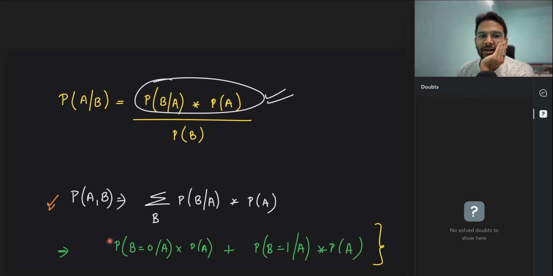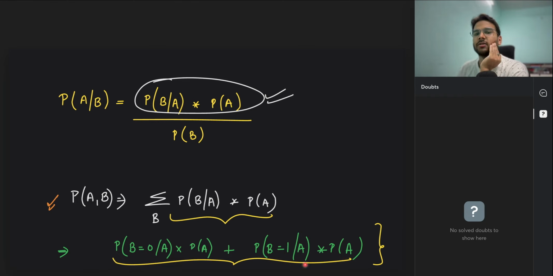Do you feel that we can write like this? This expression is the same as writing this expression, correct? How many additions are we doing here? Only one addition. And how many multiplications? 2. Correct? So 2 multiplications and 1 addition.